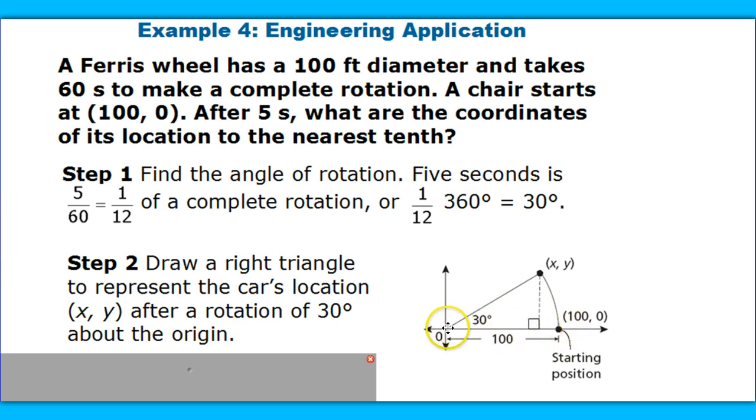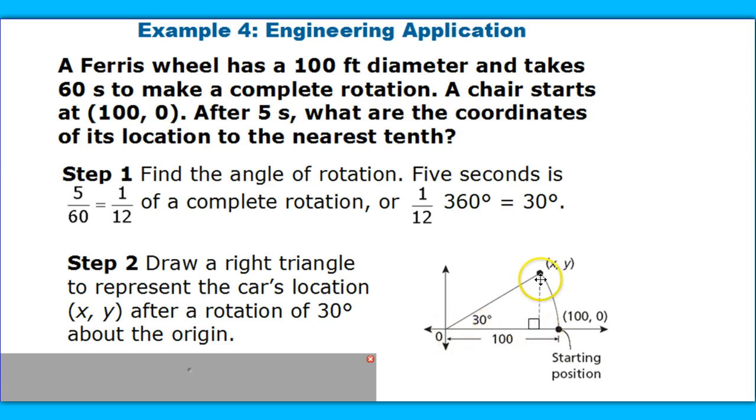This length of 100 remains the same from this point 0 out to (x, y). But now with respect to this right triangle, this distance of 100 is the hypotenuse, right? So we know the hypotenuse here is 100, and we know that this angle is 30 degrees. So we can find this distance x using a trigonometric ratio.